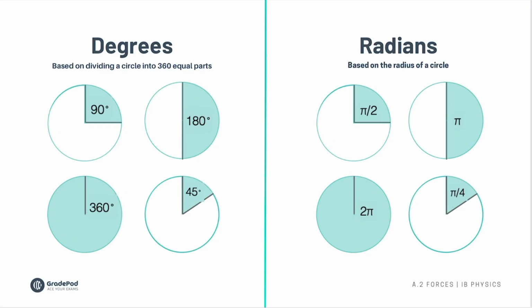It is important you understand that both degrees and radians can be used and understand that 90 degrees is equal to pi over 2 radians. 180 degrees is equal to pi radians. 360 degrees is equal to 2 pi radians, and so on. You should be able to convert between the two.